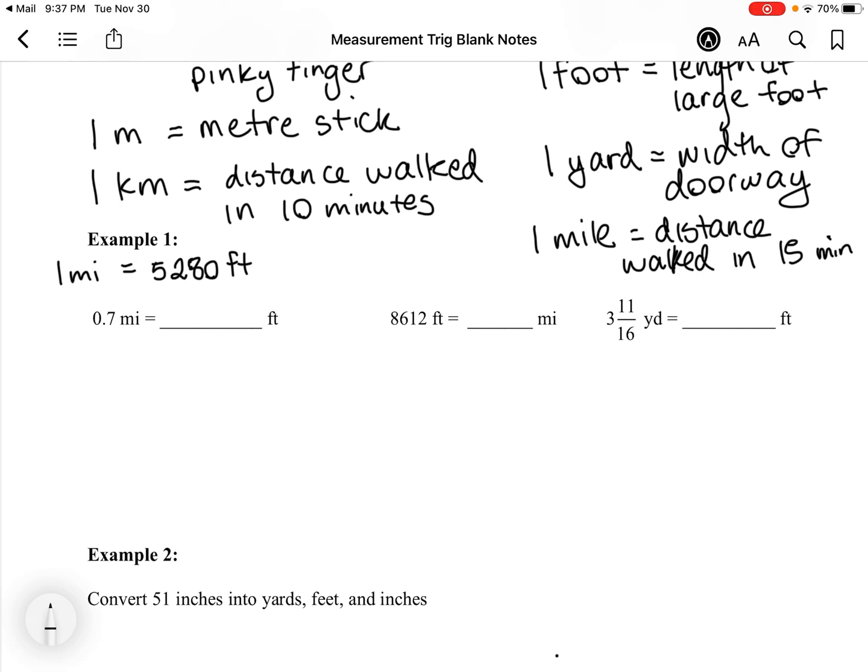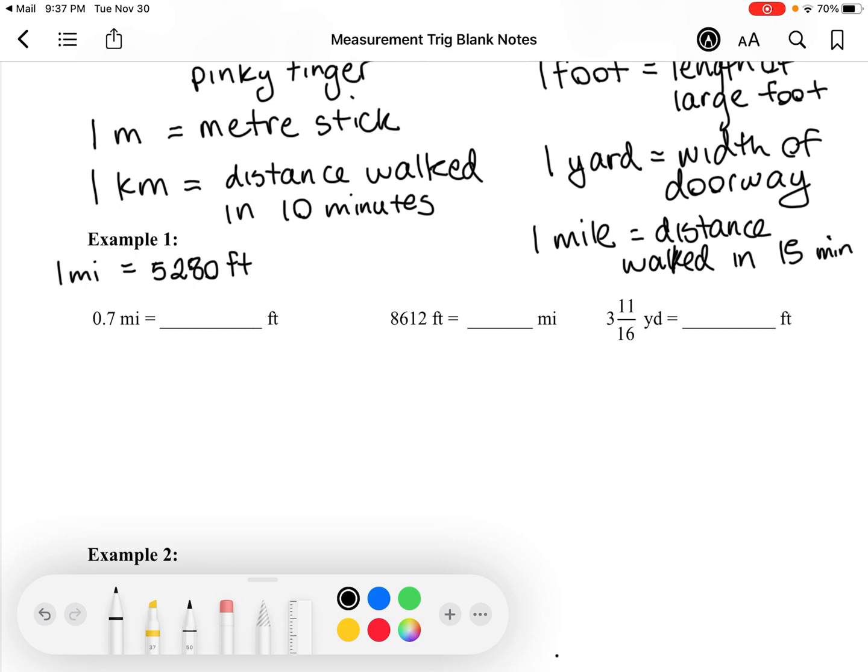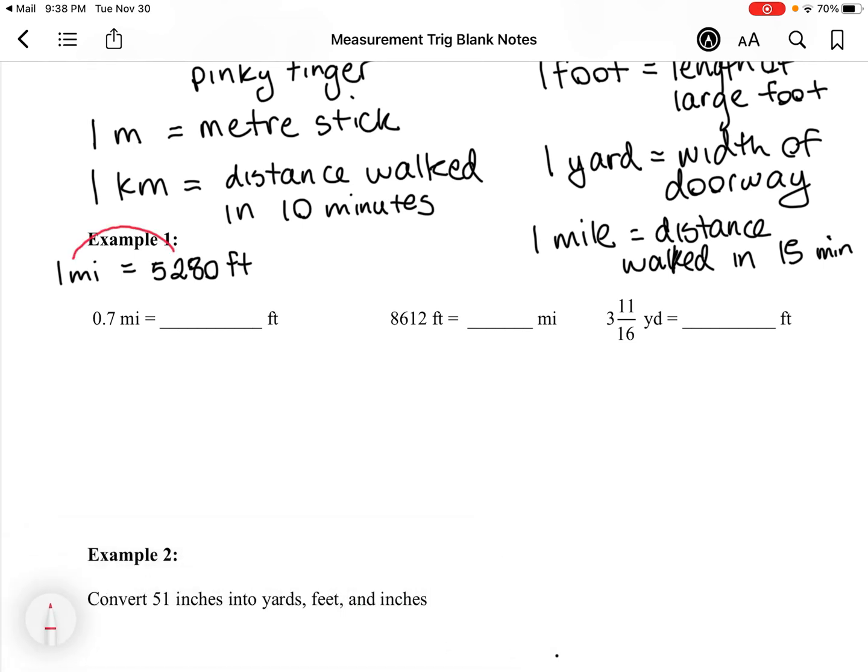Some people have learned, and I have certainly taught it this way before, that using this conversion factor, if you're going from one to the other number, you need to multiply by 5,280. And if you go from the other number back to 1, you need to divide by 5,280.